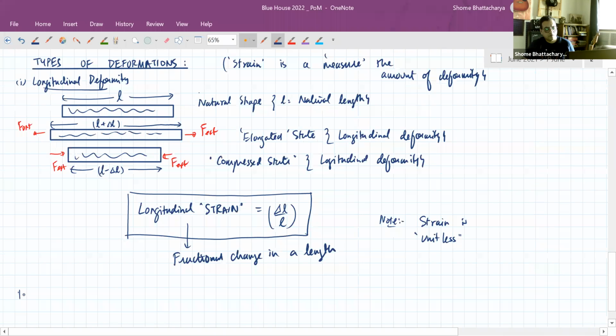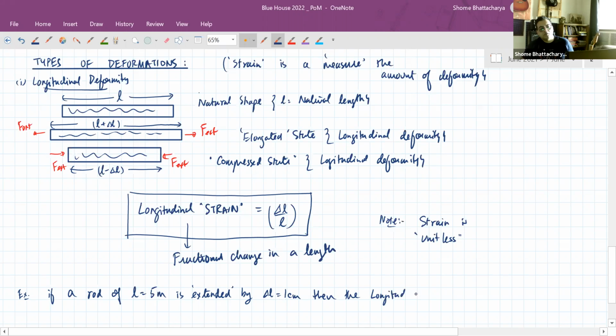For example, if a rod of natural length equal to 5 meters is extended by delta L equal to 1 centimeter, then the longitudinal strain will be equal to 1 upon 500, because it is 1 into 10 raised to the power minus 2 divided by 5.